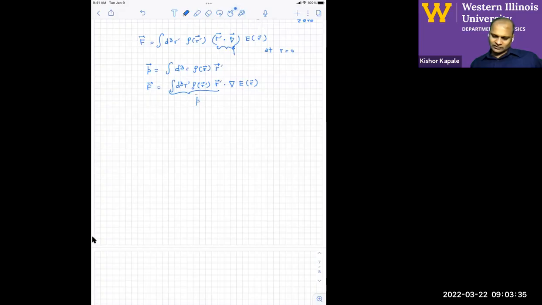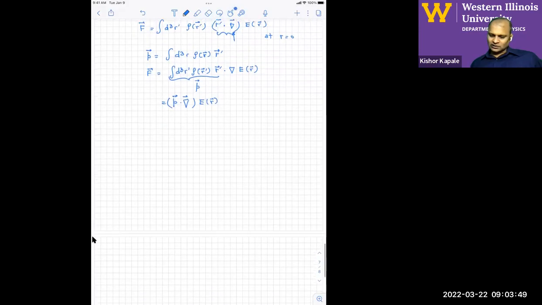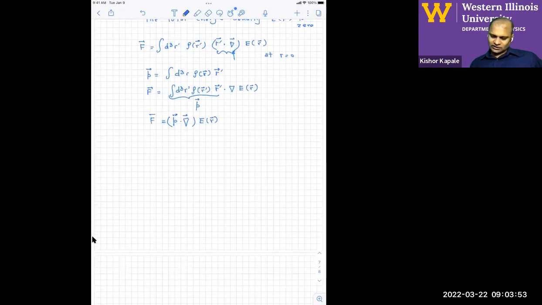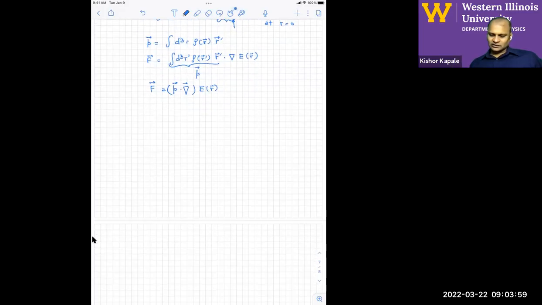So I'm going to write that as p. And so you get the dipole force to be this. So if your charge distribution is a dipole and you put that dipole in some external field, this is the force on the dipole.